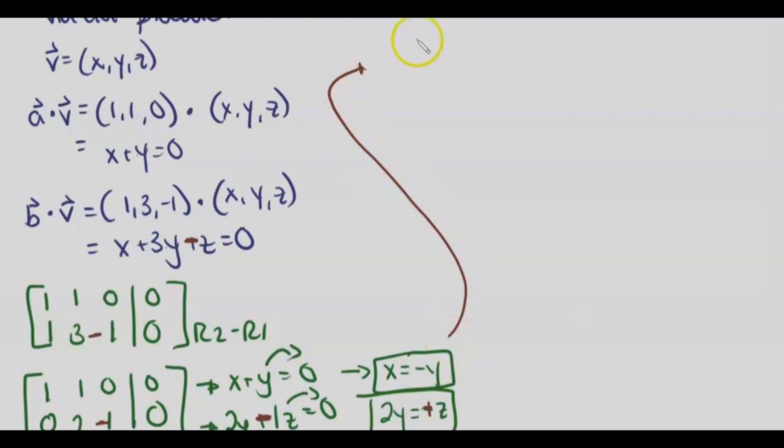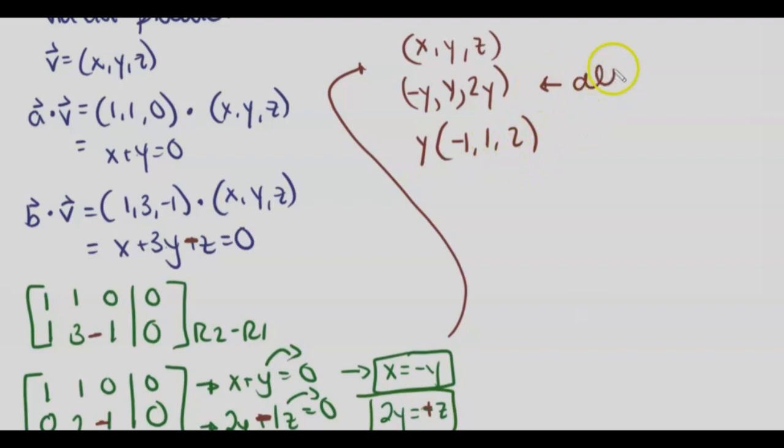If we have x, y, z, the y we're going to leave alone. We can write x in terms of y as negative y, and we write z in terms of y as 2y. In other words, it's going to be y times negative 1, 1, 2.